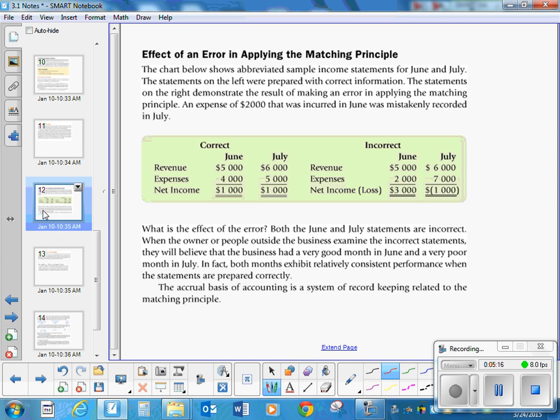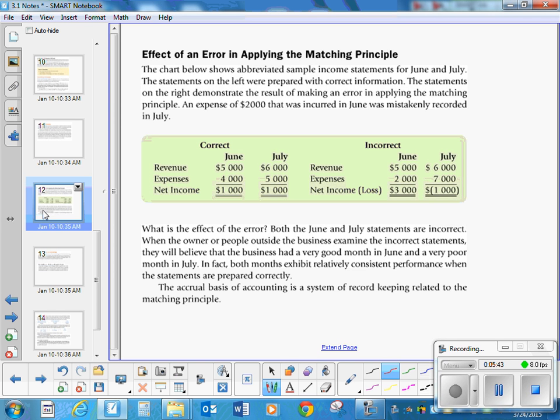So this would be an example of an error in your matching principle. The chart below shows abbreviated sample income statements for July and June. The statements on the left were prepared with correct information. The statements on the right demonstrate the result of making an error. An expense of $2,000 that was incurred in June was mistakenly recorded in July.